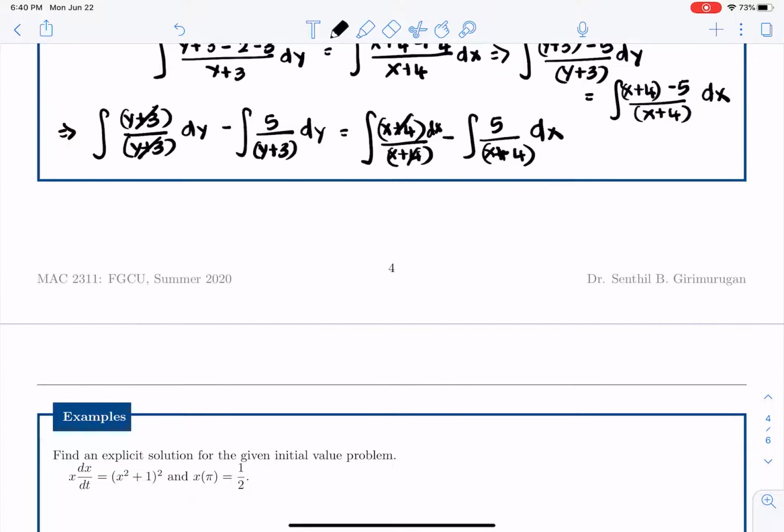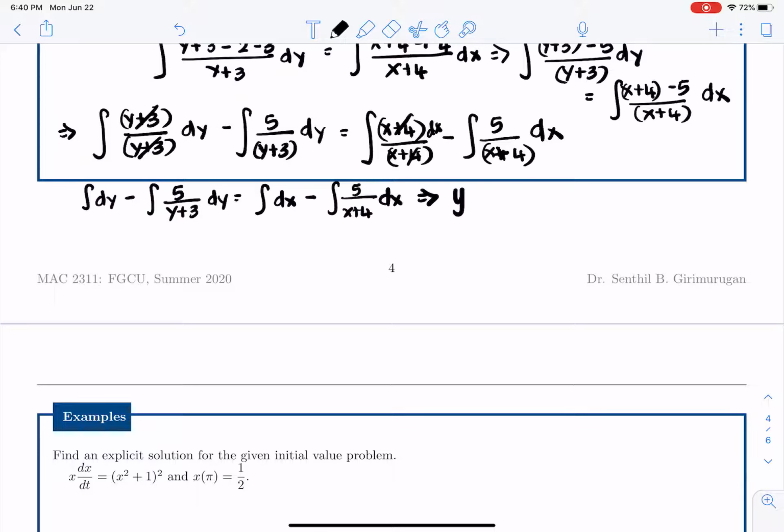So we have integral dy minus integral 5 over y plus 3 dy equals integral dx minus integral 5 over x plus 4 dx. The integral of dy is simply y, and you can use a substitution.